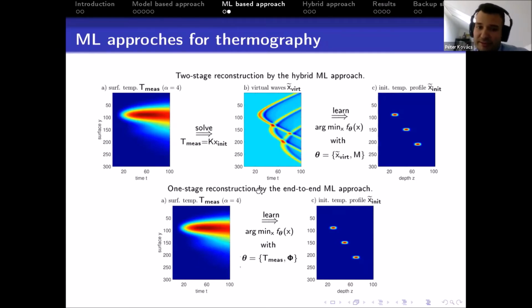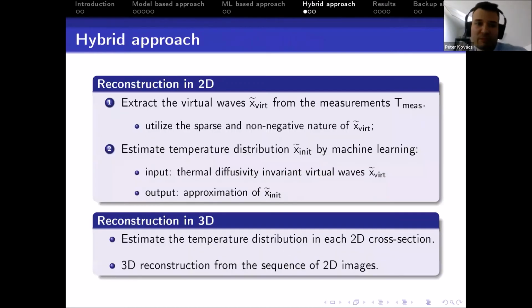And in order to compare its efficiency, we also define the second machine learning setup where we do not utilize the two-stage reconstruction. We just go from the measurement vectors to the initial temperature distribution. So this is called the end-to-end machine learning approach. Okay, so I already defined the two machine learning setups.